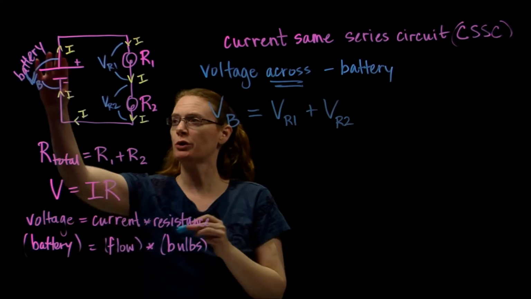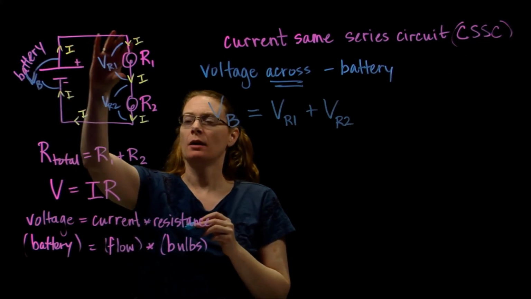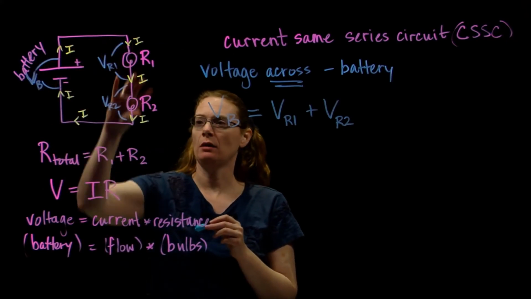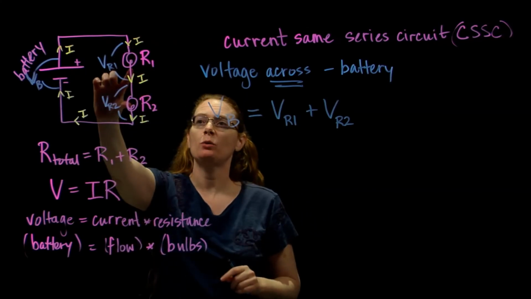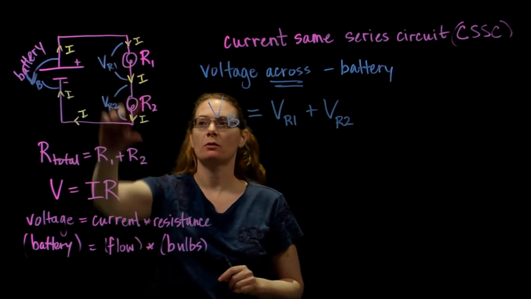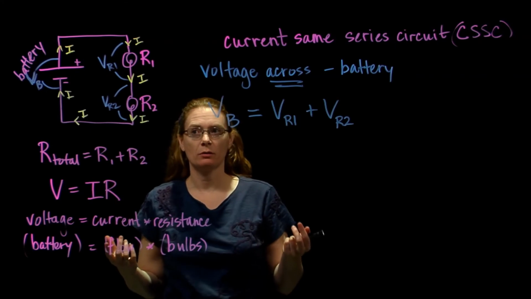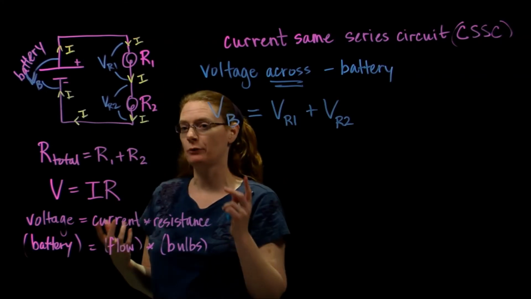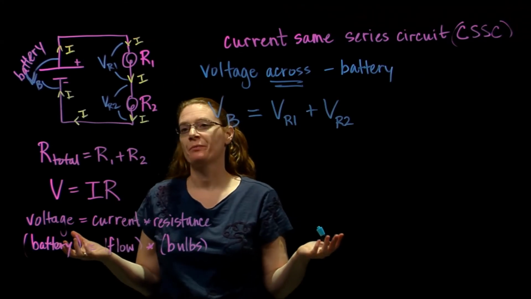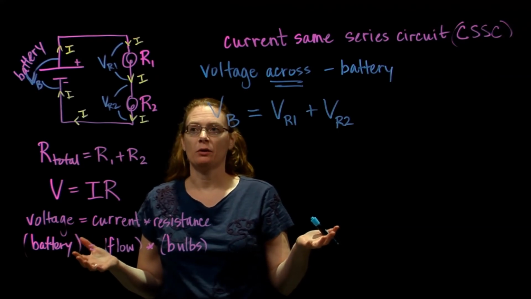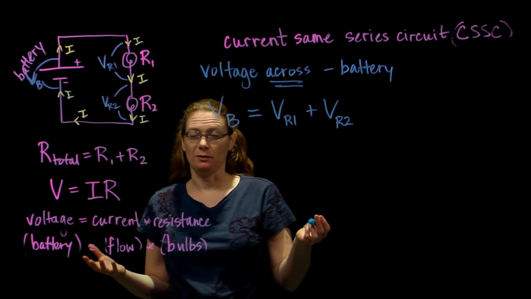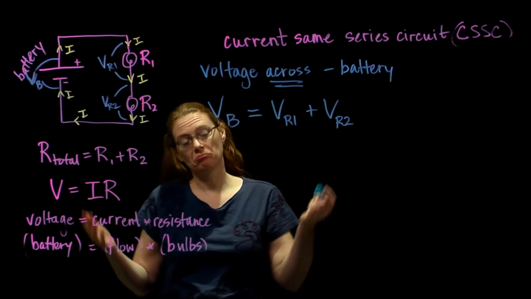However much push the battery provides is going to be shared between these two. Now, quick question for you. If these two are equal resistors, what do you think is true about how the two resistors share the voltage? So think about that. If they're equally hard, how are they going to compare with the voltage across each of the resistors? If you think, well, they're probably going to share it equally, you're right.